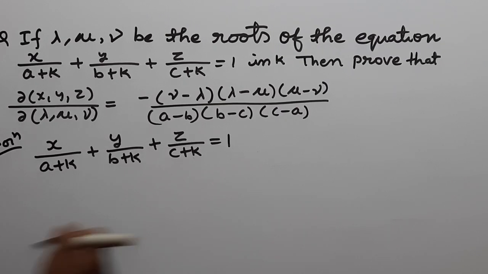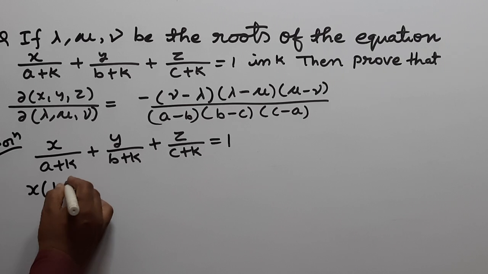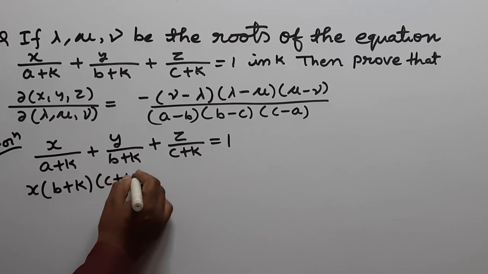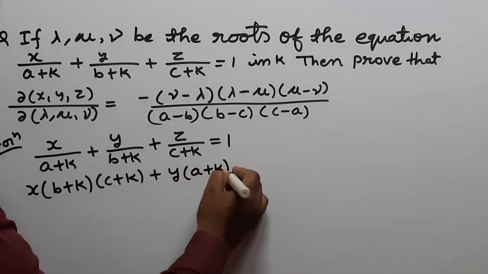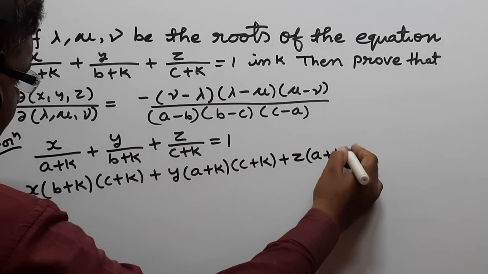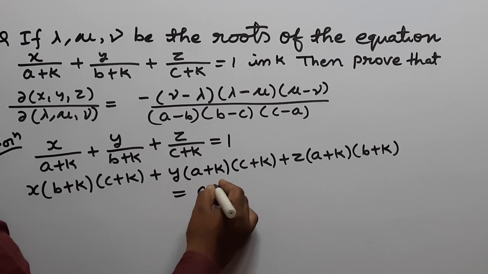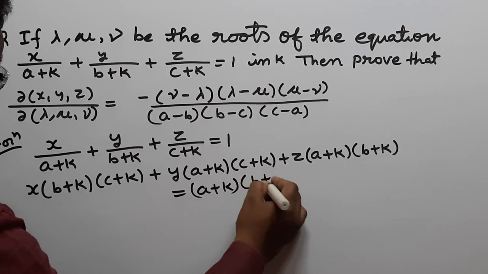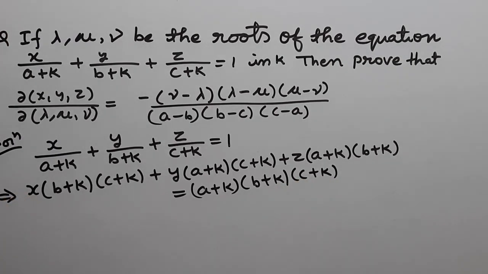Taking LCM and simplifying, we get x times (b plus k)(c plus k), plus y times (a plus k)(c plus k), plus z times (a plus k)(b plus k), is equal to (a plus k)(b plus k)(c plus k). In the given equation, first we take LCM on the left hand side and then multiply on the right hand side.